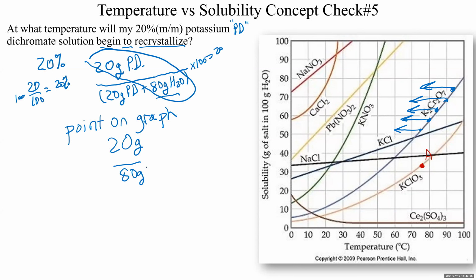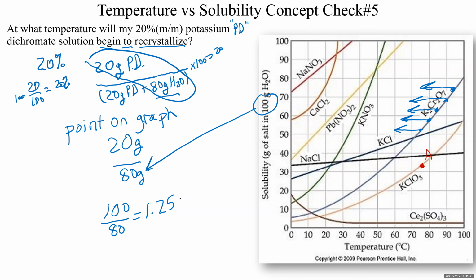Now, the graph, unfortunately, not unfortunately, but is in 100 grams. So what do I need to do? I need to modify this. So 100 divided by 80 is going to be what? I don't know. Let me see. 100 divided by 80, that's 1 1/4. So 1.25. So if I multiply my 80 by 1.25, I'll do the same thing to the 20.